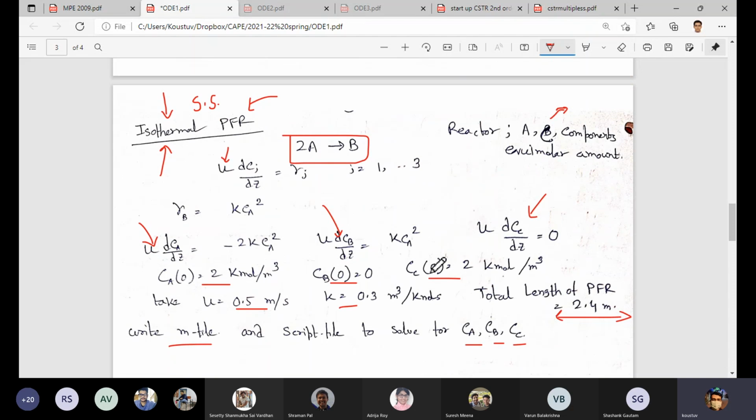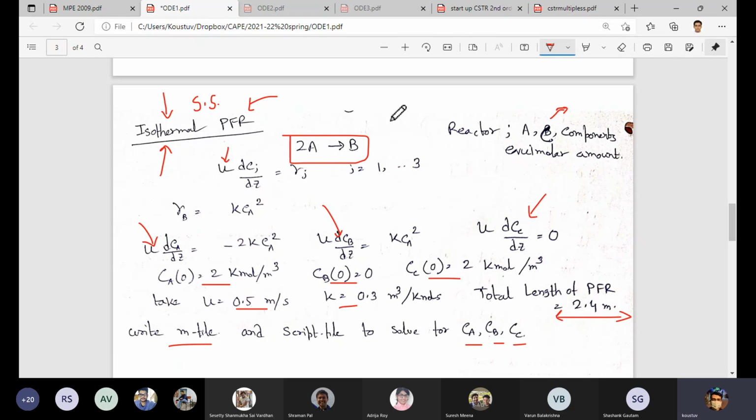Now here things can be a little bit more interesting, because here we have assumed that there is no change in density. For example, if it is a gas phase isothermal reaction, and we are allowing the volume to change, that means the volumetric flow rate at the inlet of the PFR and the outlet is not the same. It actually changes. So volume expansion we are taking into consideration, and that epsilon term can be introduced.